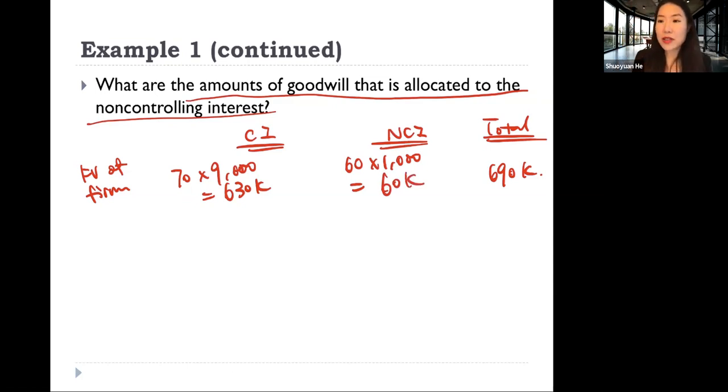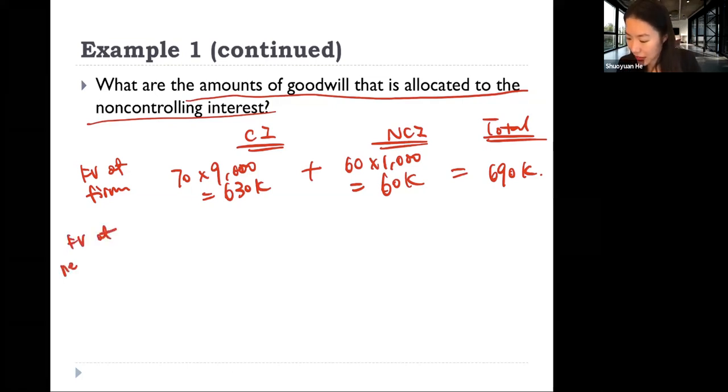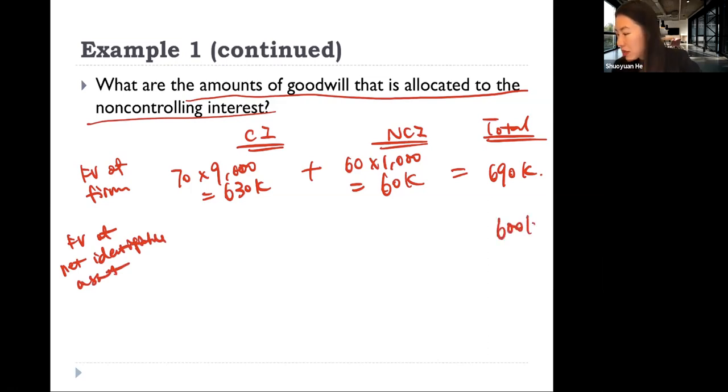So the total value of the firm is the sum of those two, and that gives us 690,000. We also know the fair value of the firm's net identifiable assets. The total value of those is 600,000.